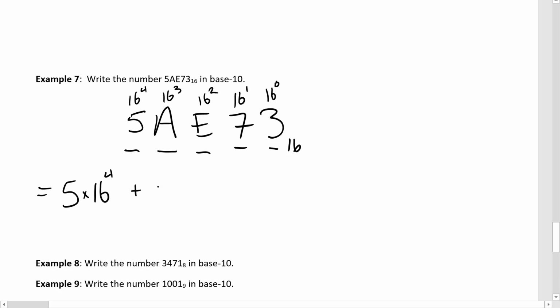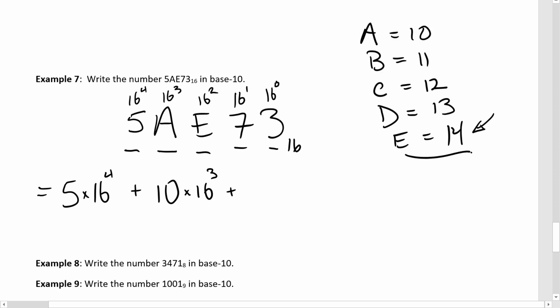We have A, which is actually 10, in the 16 cubed place. Because E is 14, I have 14 in the 16 squared place, 7 in the 16's place, and 3 in the 1's place.